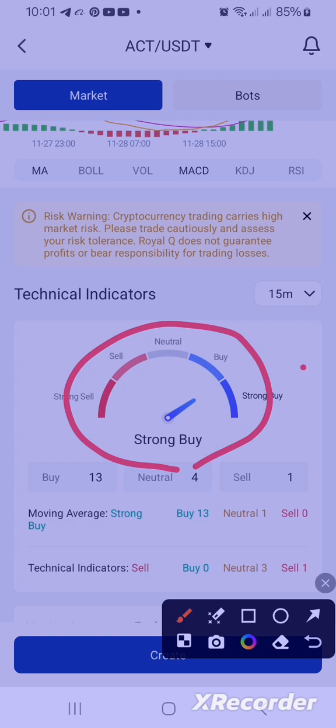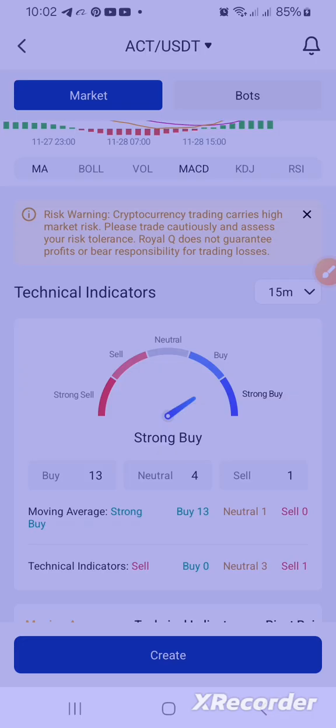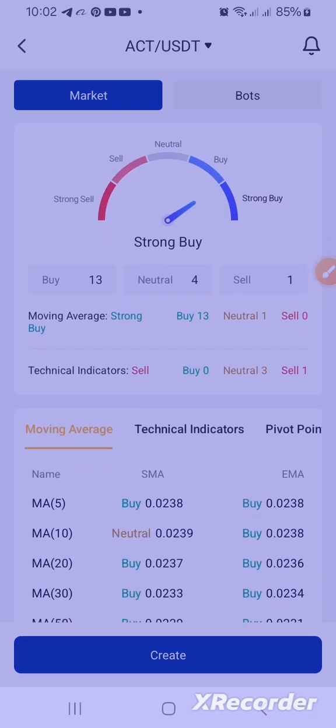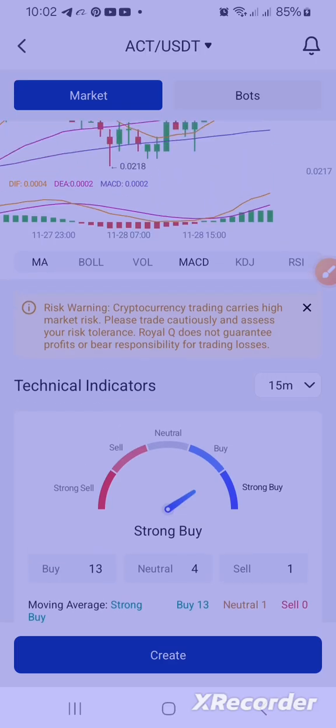So for example, if you are trading spot, you make sure you are buying when it is pointing to a strong sell, then you buy, and when it goes to a strong buy, then you will be selling and getting profits. So all those are indicators, but in this case we are going to use MACD.